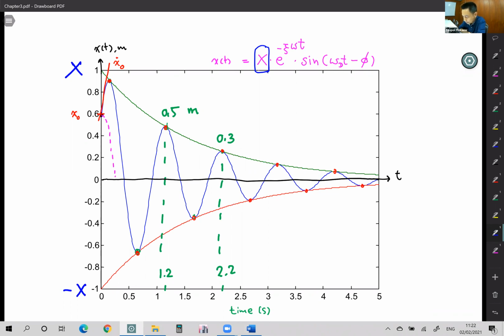If you look at this, in this case it's equal to 1. I think if you draw this one, touch the y-axis here and the y-axis there, you can have the big X and the minus big X.